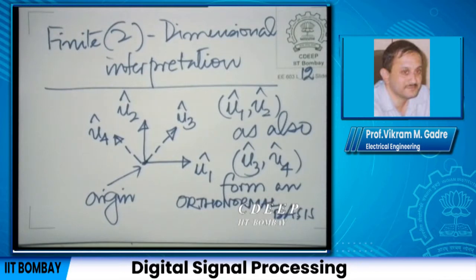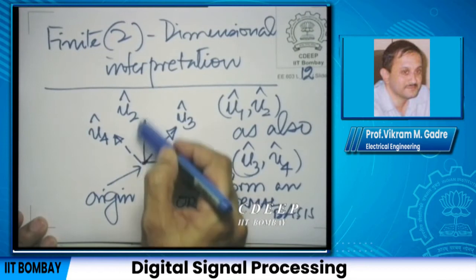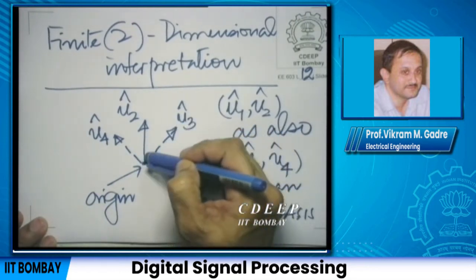Take any two of them, they are perpendicular, and together these vectors span that space. The word basis means they span that space. Span means you can construct any vector in that space as a linear combination of these. So, of course, it is very obvious that you can construct any vector in two-dimensional space as either a linear combination of u1 cap and u2 cap, or a linear combination of u3 cap and u4 cap.